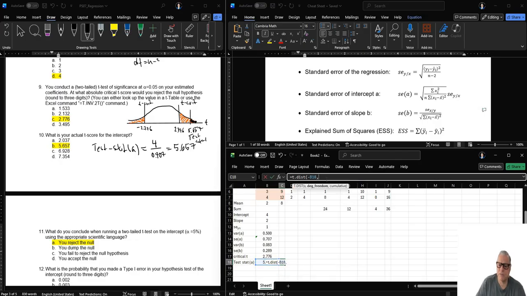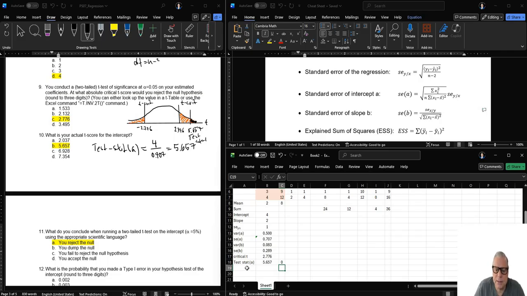Then Excel wants to know how many degrees of freedom we have. We have 4. And then the question is, do we want it cumulatively, yes or no? And the answer is 1, yes. And then we still have to multiply times 2.